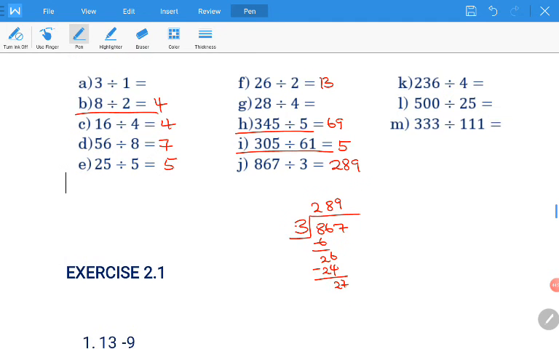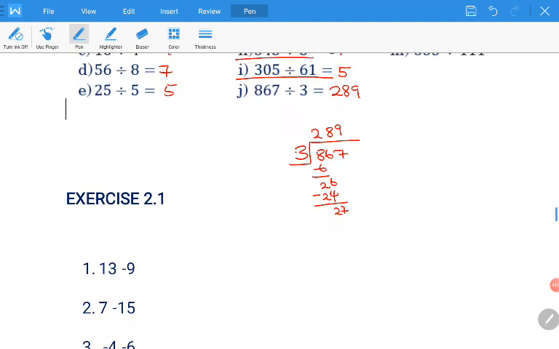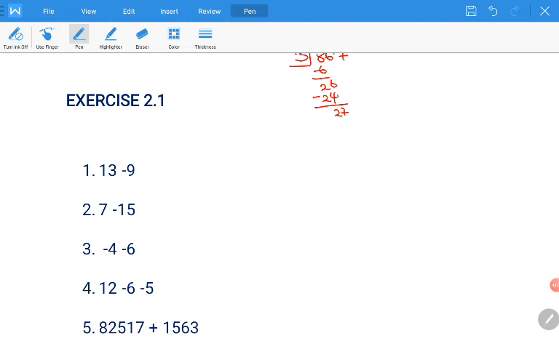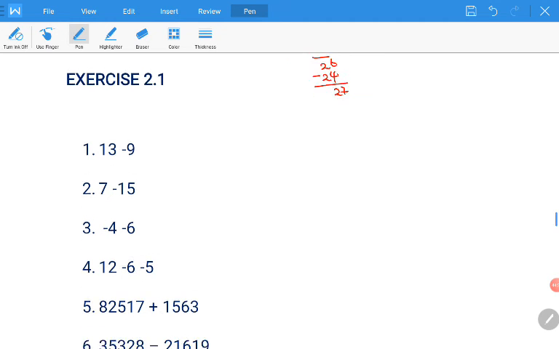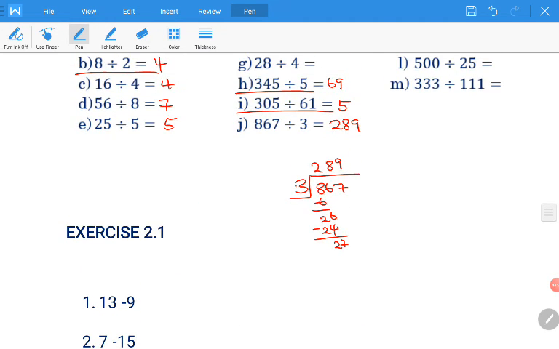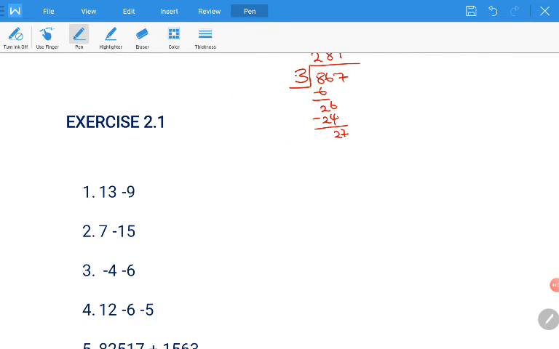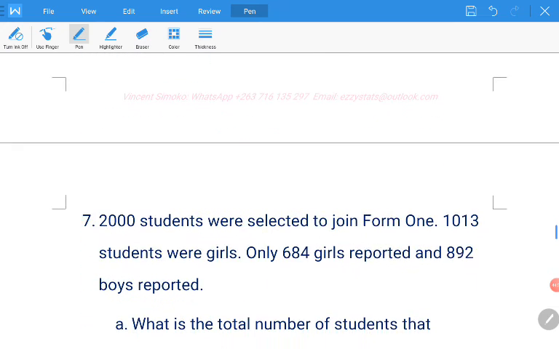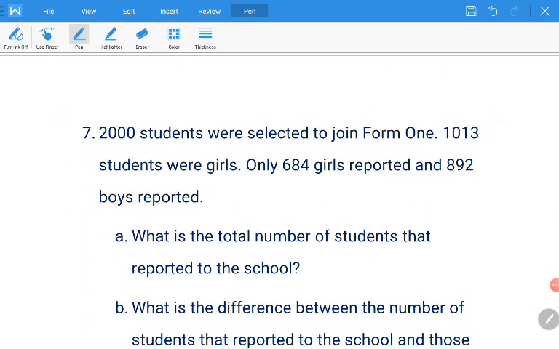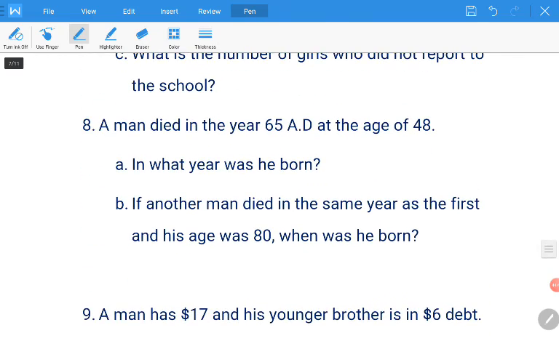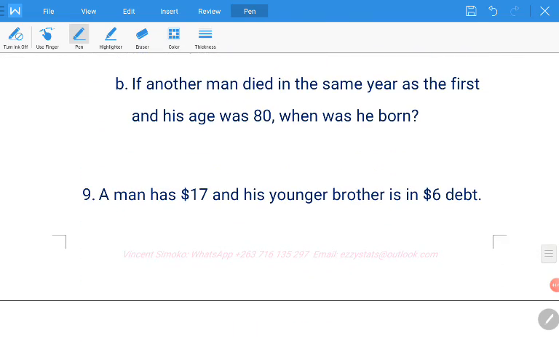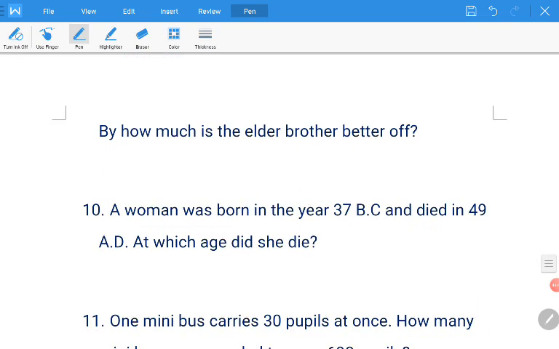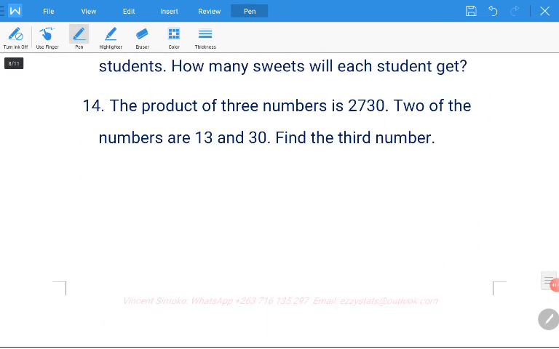So the other ones have been left for you as examples. After doing that, there is an exercise which is here, which I encourage you to do, and there are also number problems that we are having here.